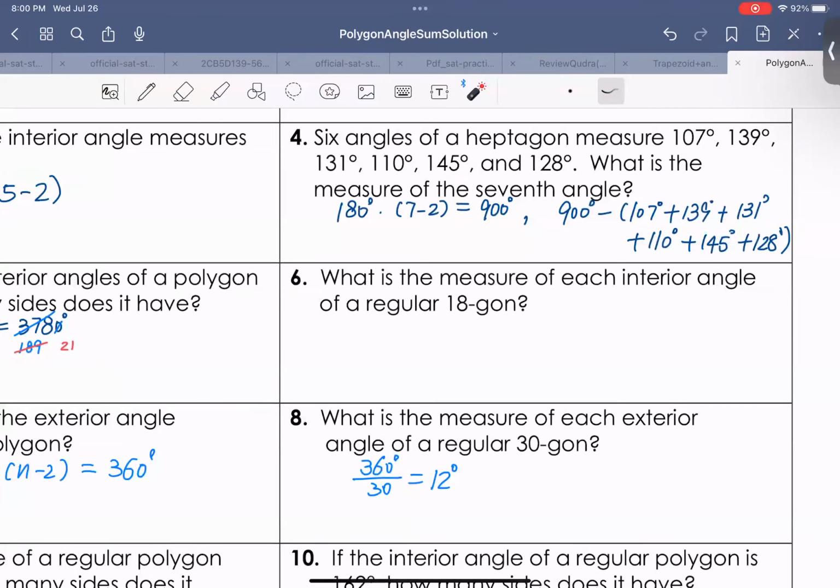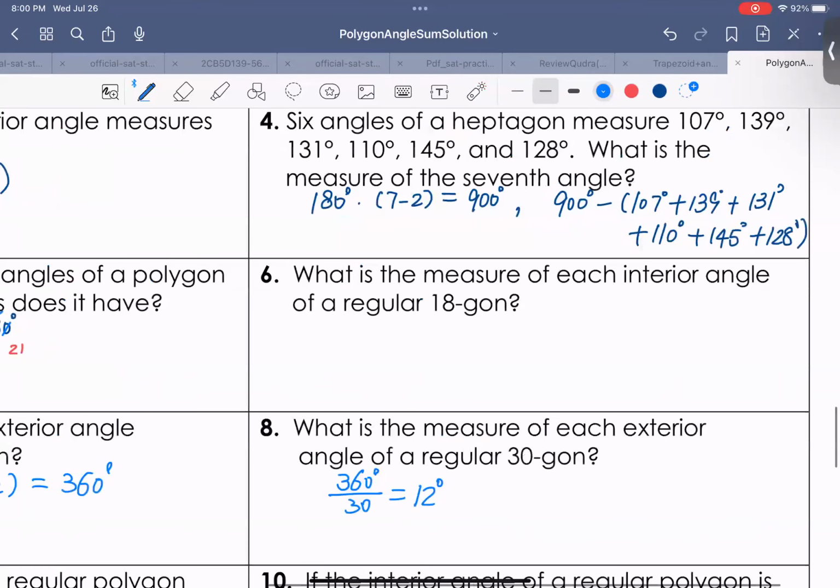Try this one. Annie, let's try number 6. What is the measure of each interior angle of a regular 18-gon? So it would be 18 times 18 minus.